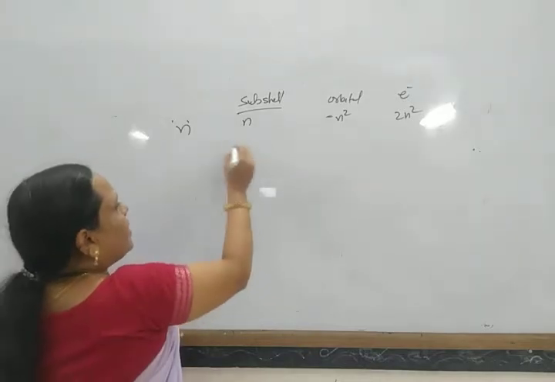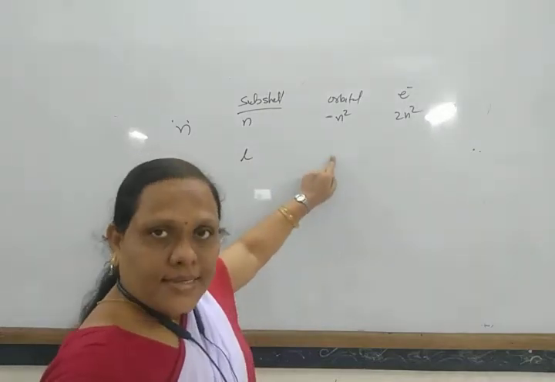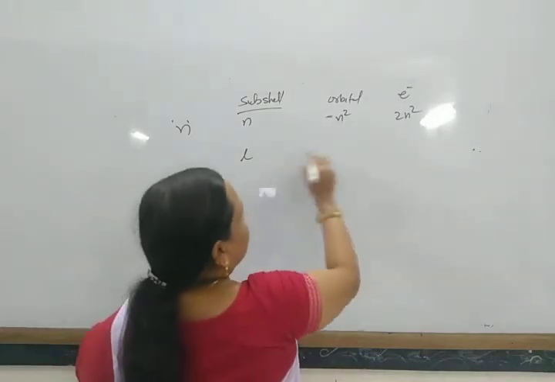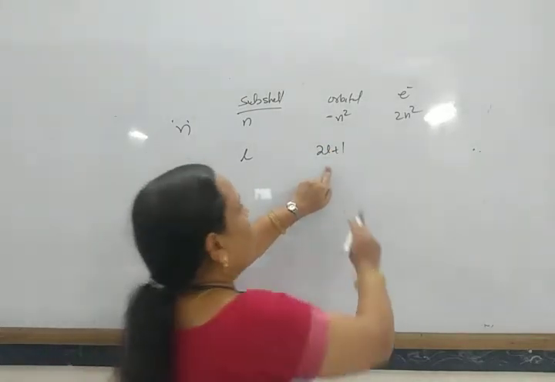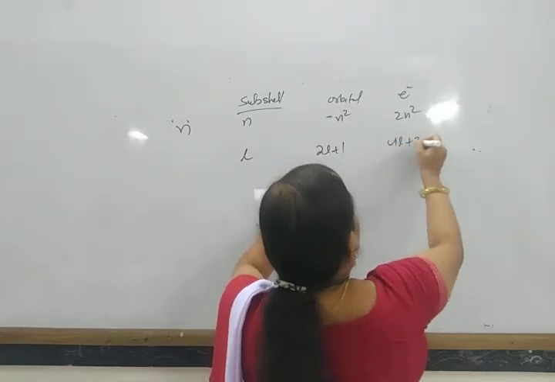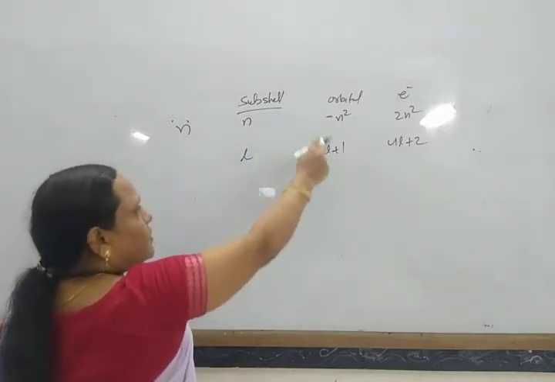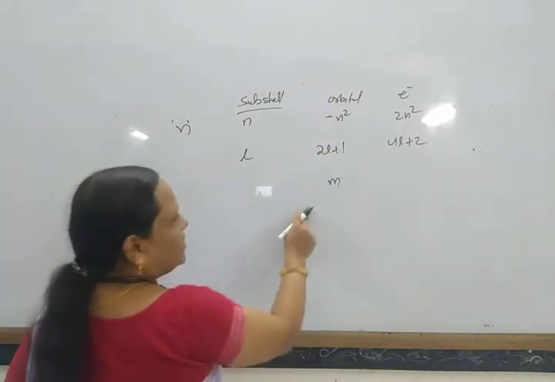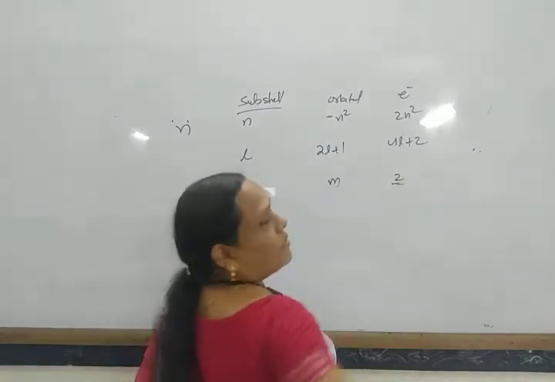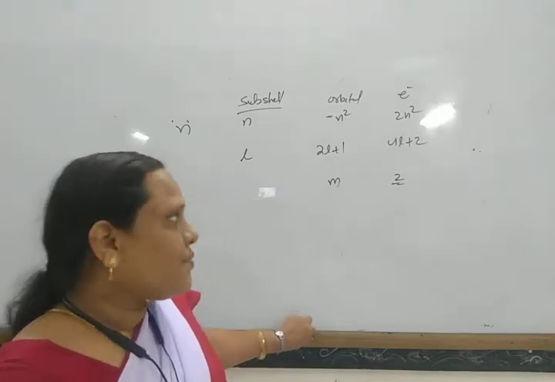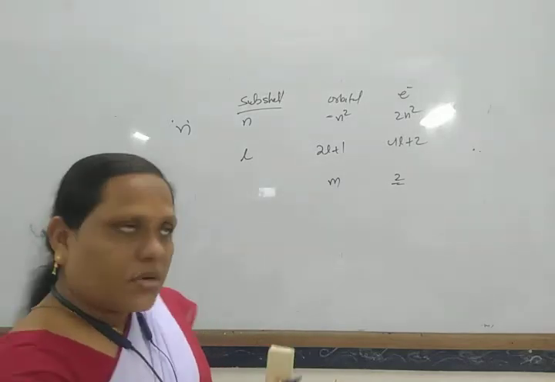Similarly, if the subshell is given as l, then how many orbitals are there? The number of orbitals for this l is 2l plus 1, and the number of electrons is 4l plus 2. Similarly, for a given orbital, one orbital can accommodate a maximum of 2 electrons. So in this way we can get information from these quantum numbers.